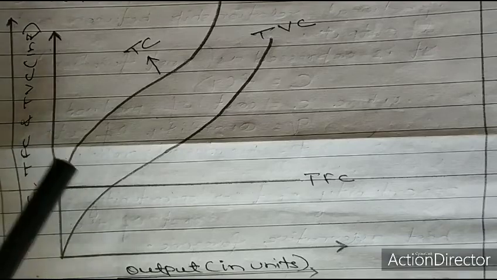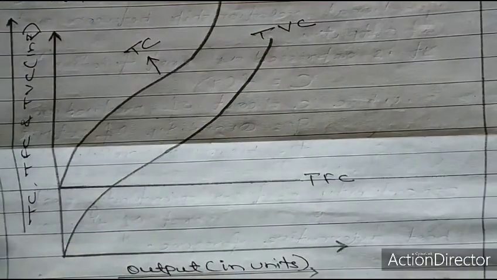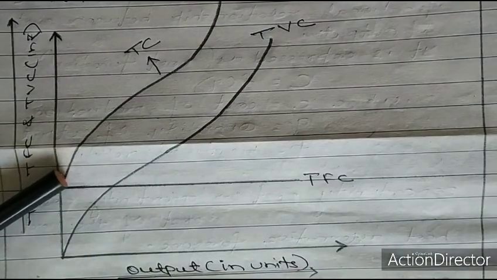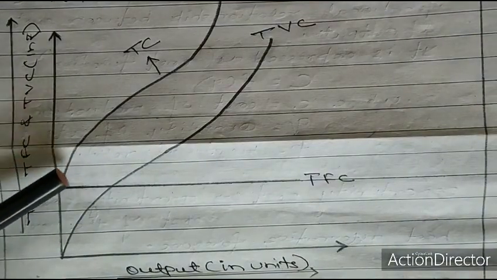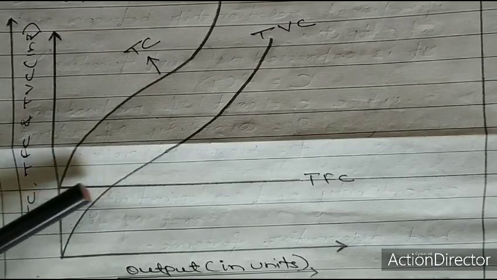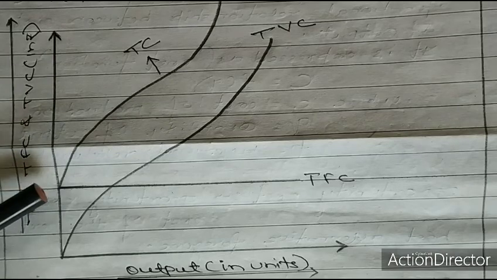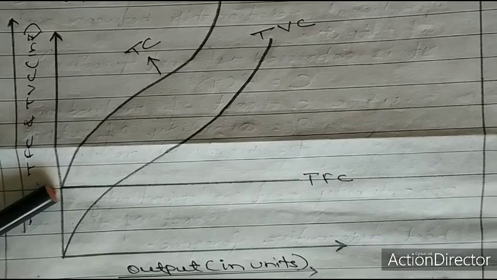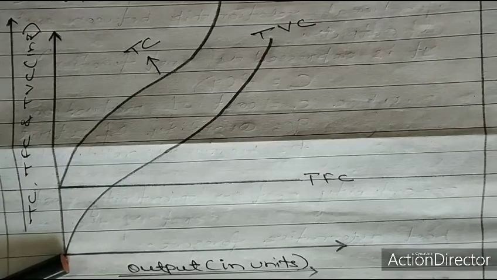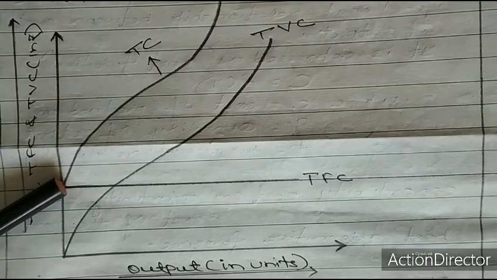This is because TC is always the sum of TFC and TVC. So TC always starts from the line where the TFC curve starts. The shape will be the same as TVC, but it starts at the level where the total fixed cost starts. So at zero level of output, the total cost is always total fixed cost.